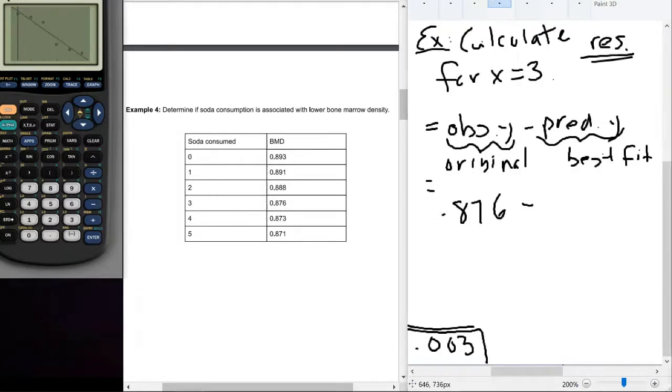So once again, in the calculator, y equal, you stored your best fit line. So we're going to use that y1 variable, that was our best fit, to tell us what is the prediction for 3 sodas consumed. So in the calculator, 3 sodas consumed is here. The best fit line predicts 0.87949.